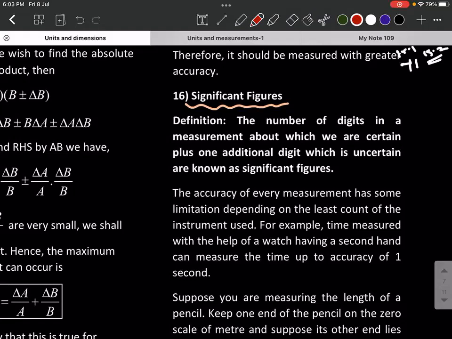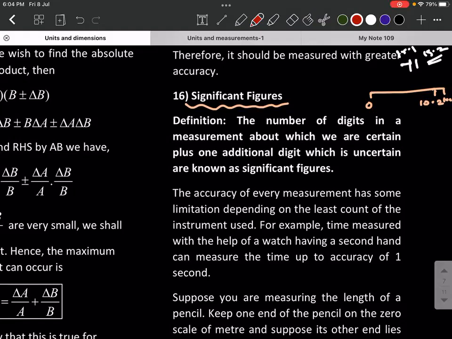When you're taking the measurement, one end is in your hand, where you can exactly coincide with zero, but the other end is not. Let's say your reading falls somewhere between 10.2 and 10.3. If I ask you to report the exact answer, you would say it is neither 10.2 nor 10.3.